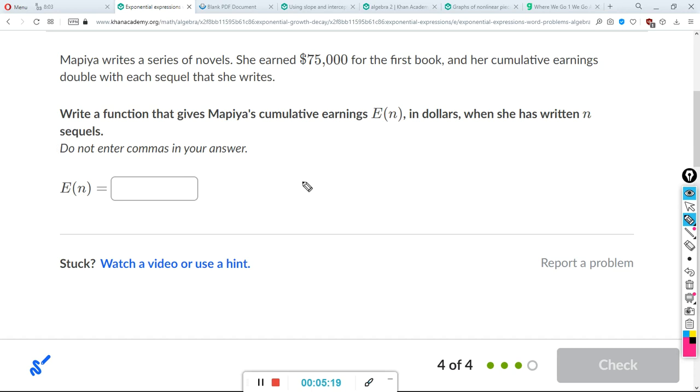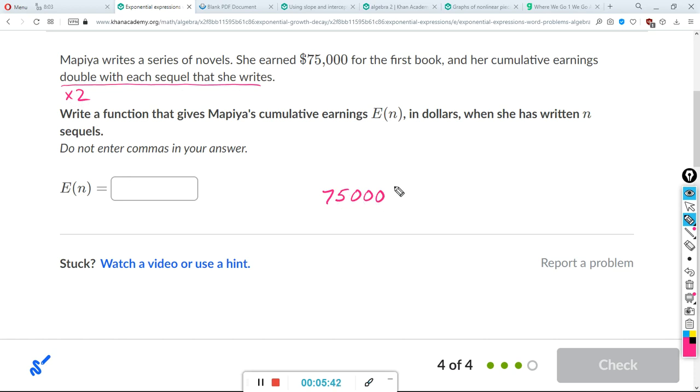Alright, so her cumulative earnings double with each sequel that she writes. So she started with 75,000. Alright, I won't put the comma. And it doubles each time. That means times 2 each time.